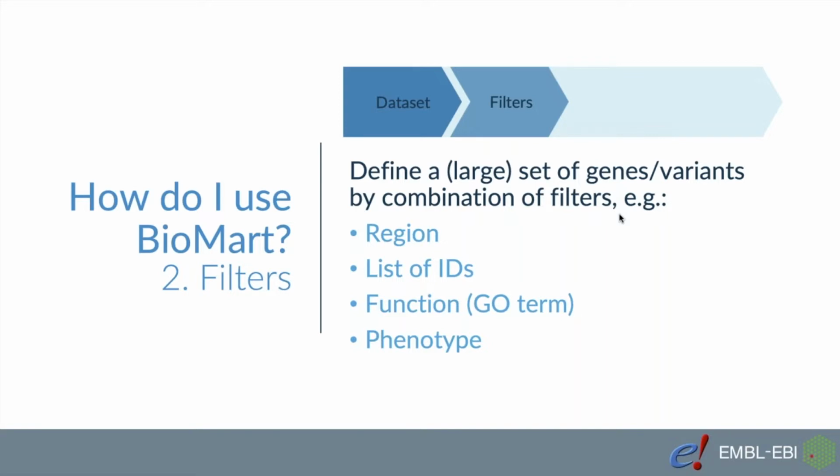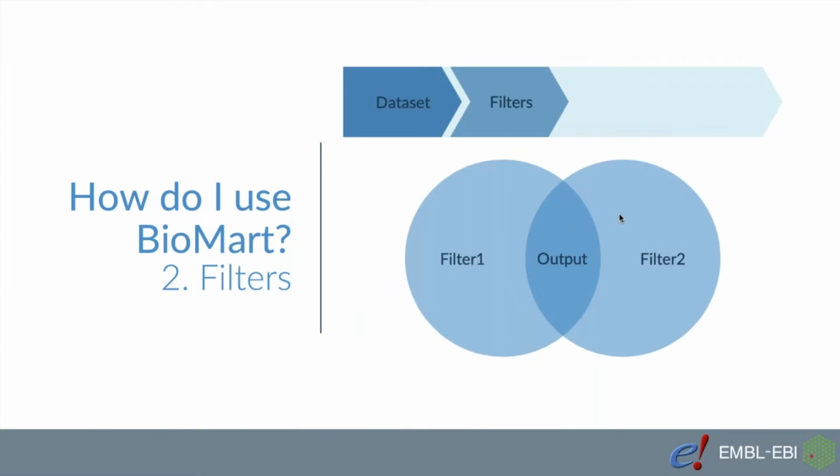And you can build simple queries by applying only one filter, but you can also build a bit more complicated queries applying multiple filters, which is great as BioMart offers you quite a lot of flexibility when it comes to choosing your filters. And what is important is that the filters follow AND logic. So what you're getting in your output is the intersection of filters.